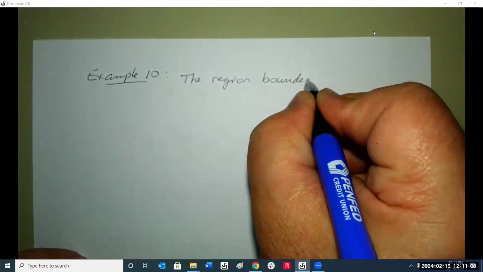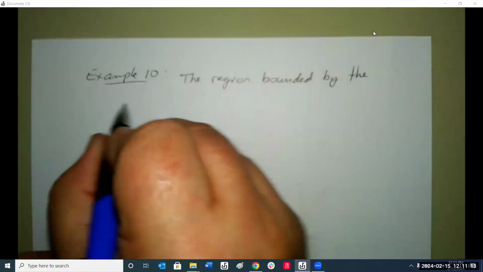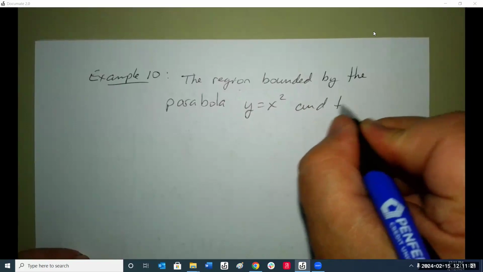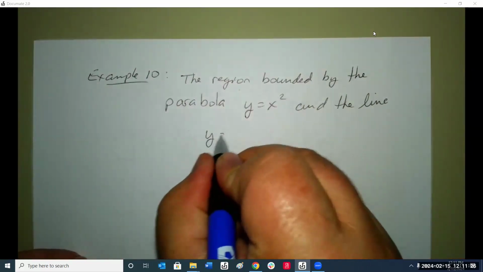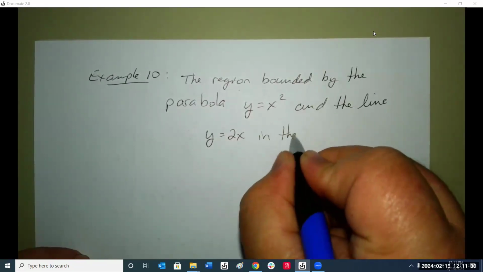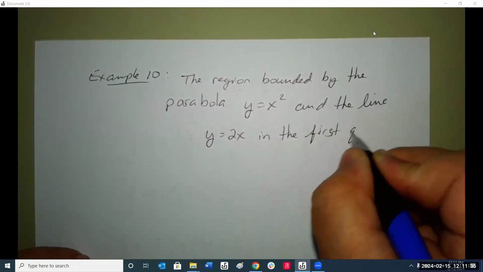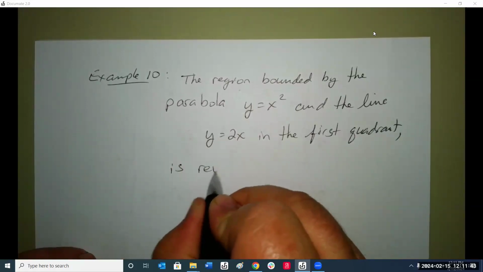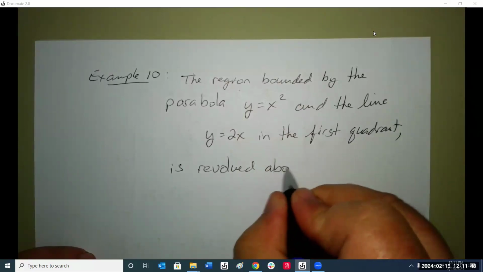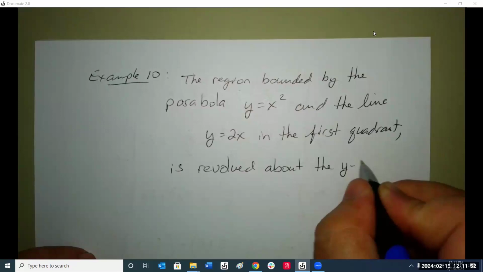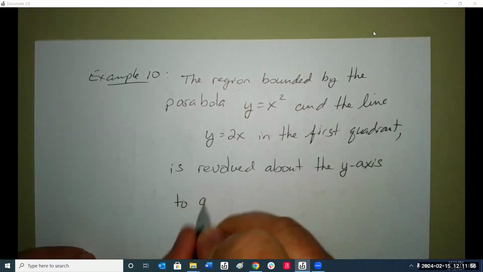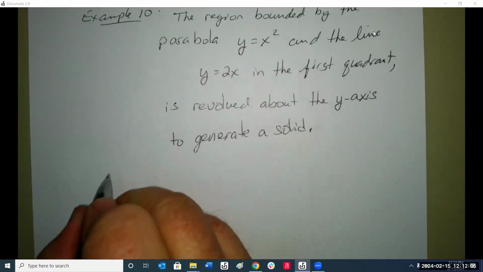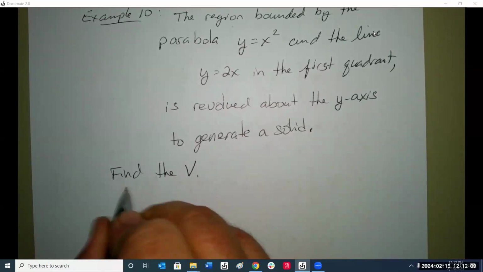The region bounded by the parabola y equals x squared and the line y equals 2x in the first quadrant is revolved about the y-axis to generate a solid. Find the volume of the solid.